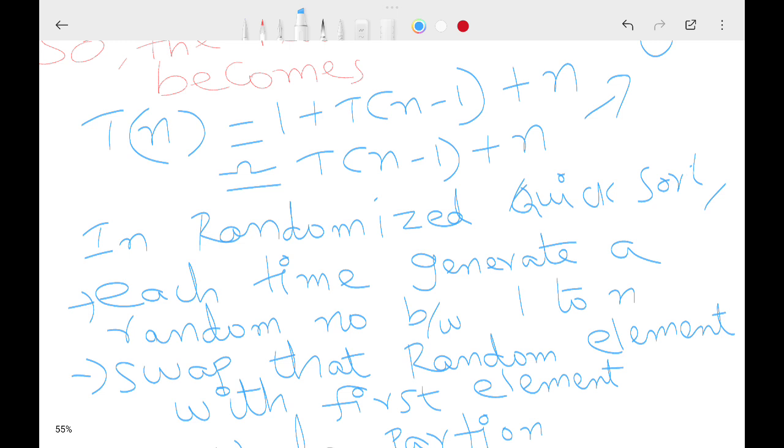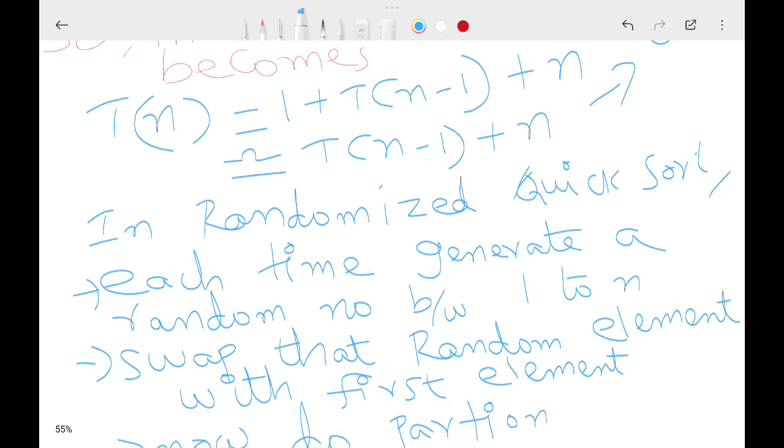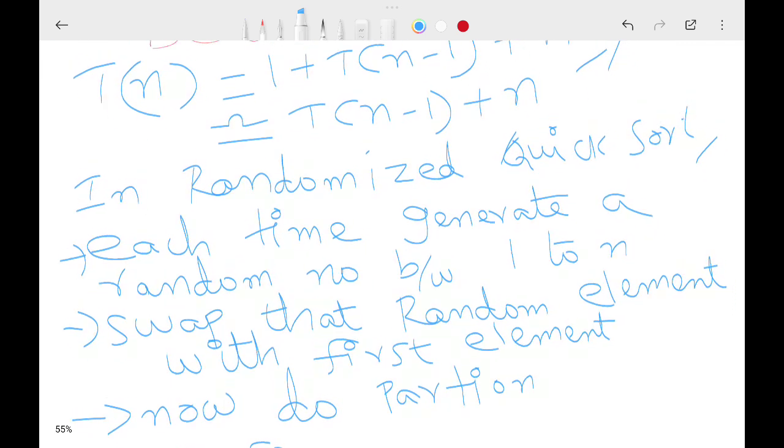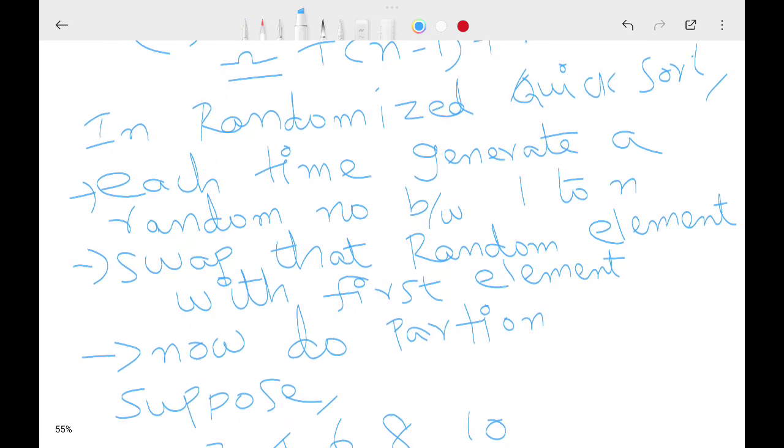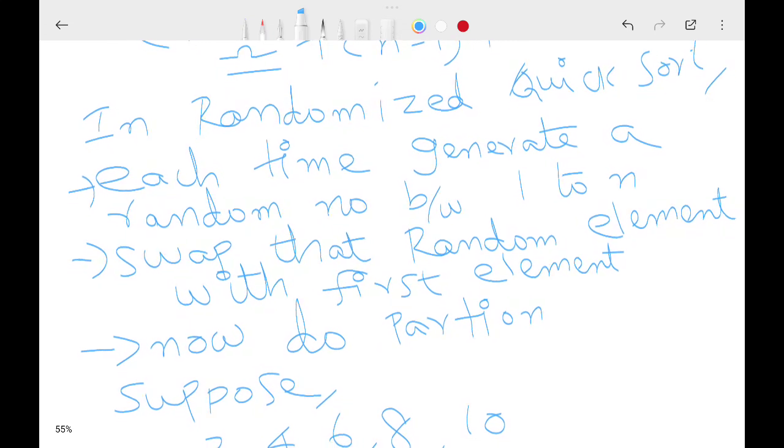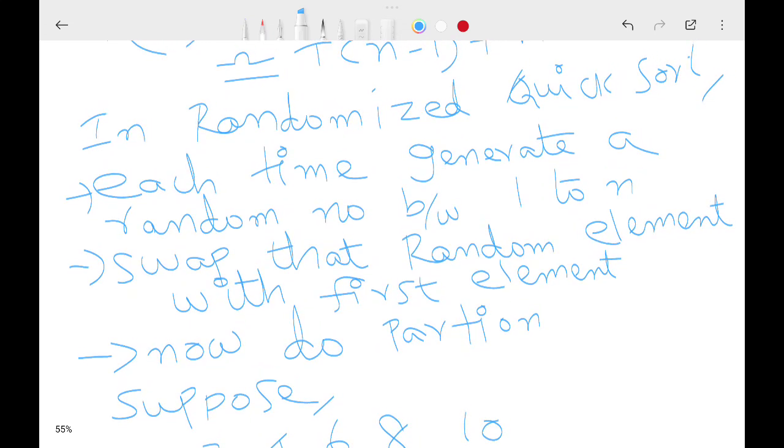Quick sort has a worst case time complexity of n squared, so we can use this randomized approach to escape from the worst case time complexity. How does randomized quicksort work? It is very similar.